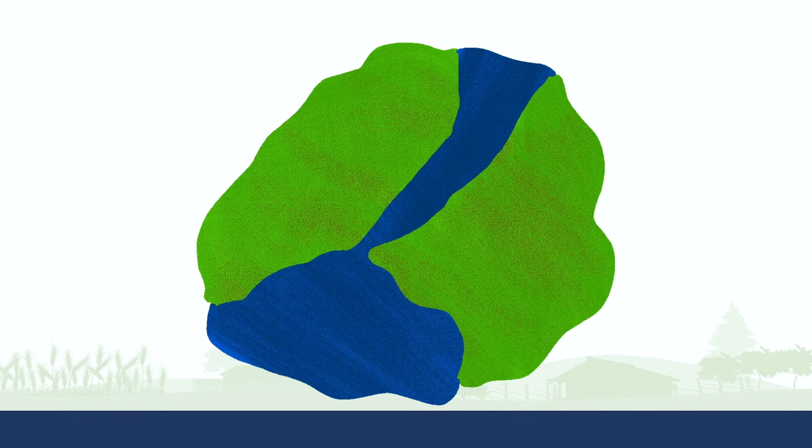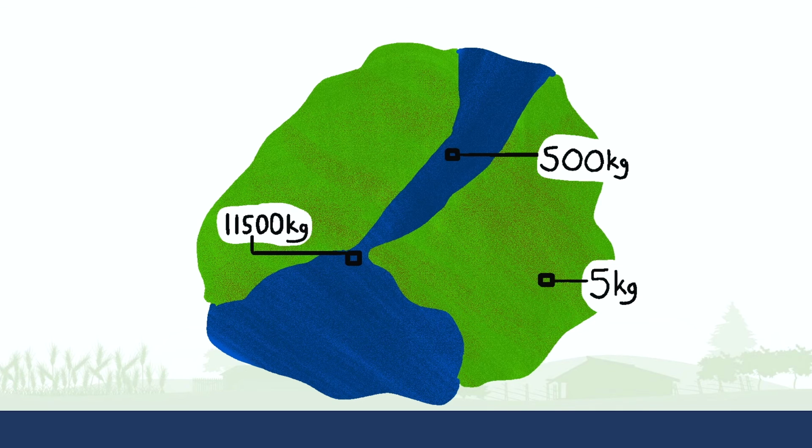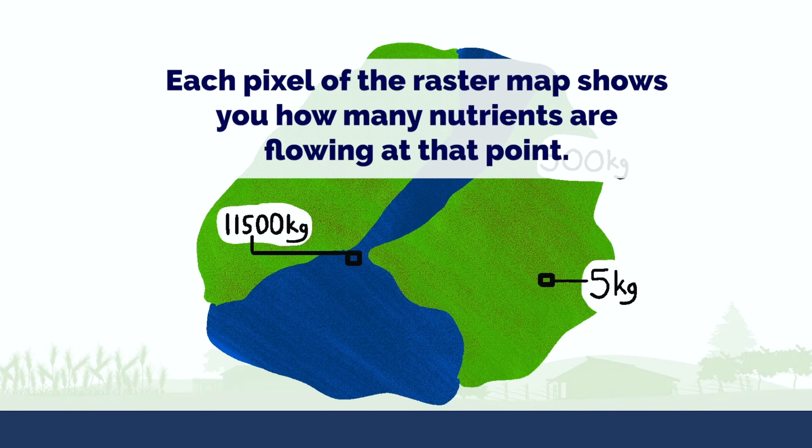With PhosFinder, you can generate a raster map which estimates in kilograms the yearly amount of nutrients, phosphorus and nitrogen, that are transported within and out of a watershed, and therefore where to plan interception points. Each pixel of the raster map that PhosFinder produces shows you how many nutrients are flowing at that point.